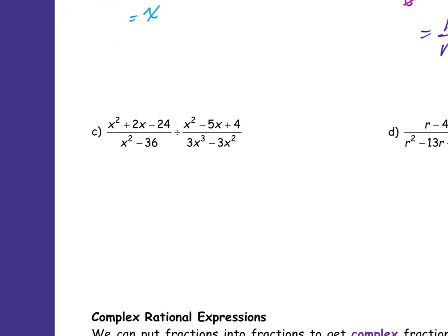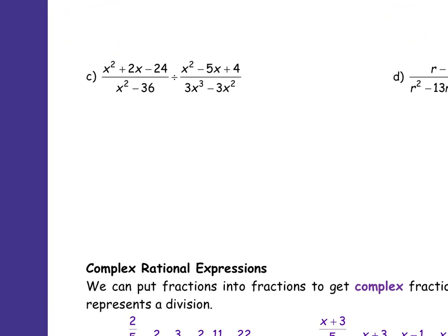Then C, I am going to flip the second one. So the first one factors to x plus 6 and x minus 4. And then when I flip this, I'm going to factor out a 3x squared. So I should get x minus 1.